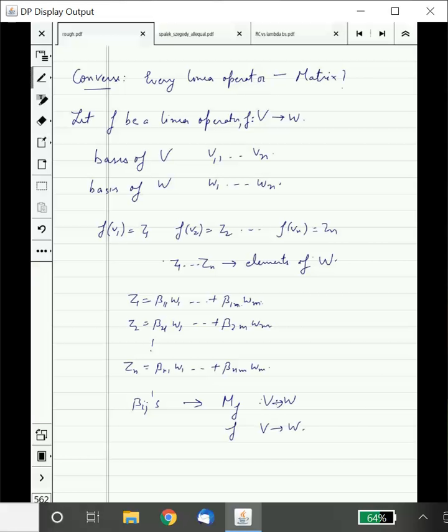What happened here? It turned out that I can take a linear operator and come up with a matrix representation for it.